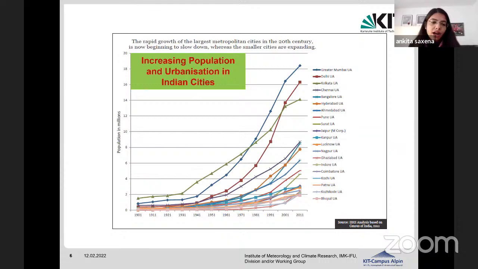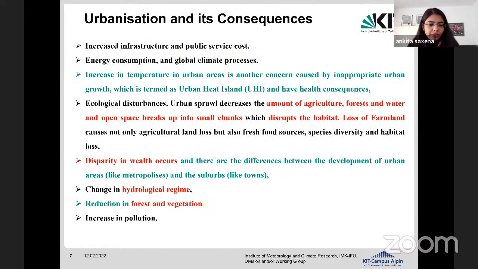That is how urban growth is taking place. And since urbanization requires more land, it is utilizing the available open land, but at the cost of some resources, like water bodies, forests and trees, and other areas being converted into urban areas.